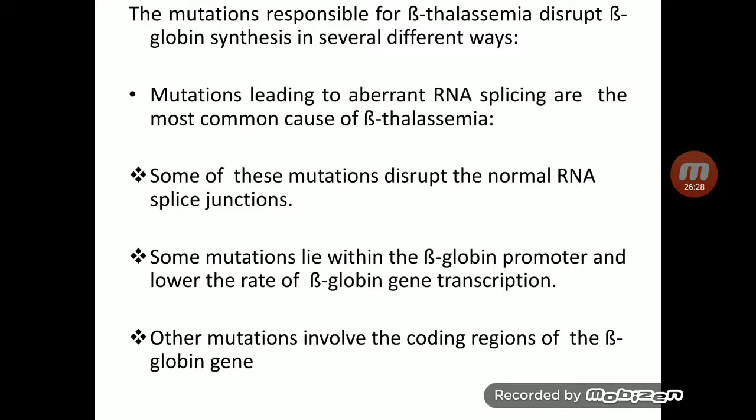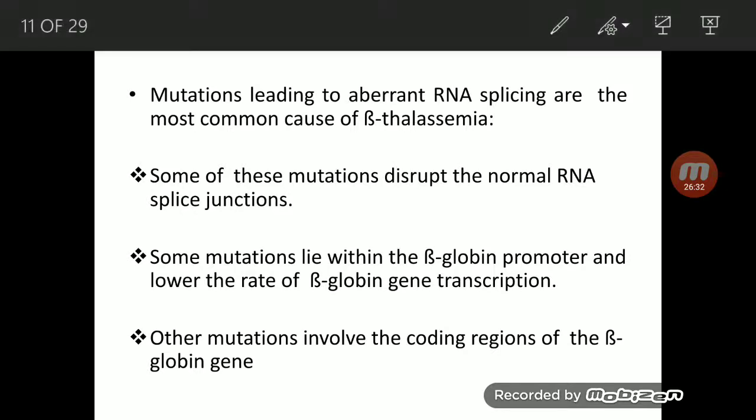Okay, some of these mutations disrupt the normal RNA splice junction. For your RNA to mature, right, they need to undergo splicing. So if any mutation disrupts any RNA splice junctions, it can hamper your maturation of your mRNA.